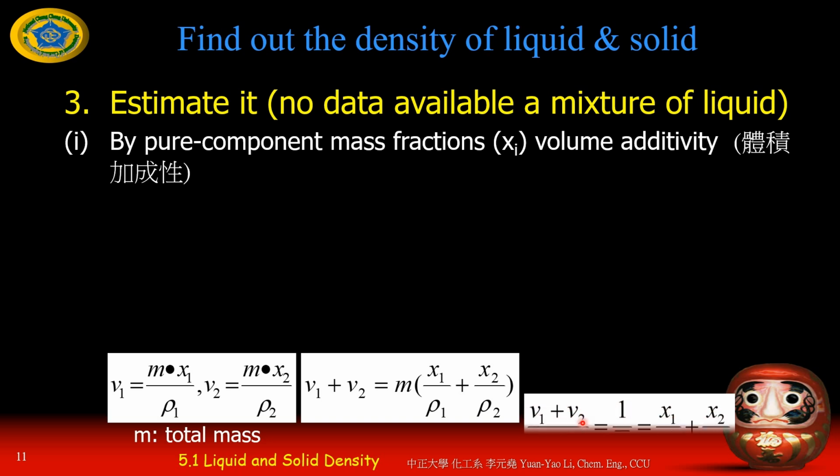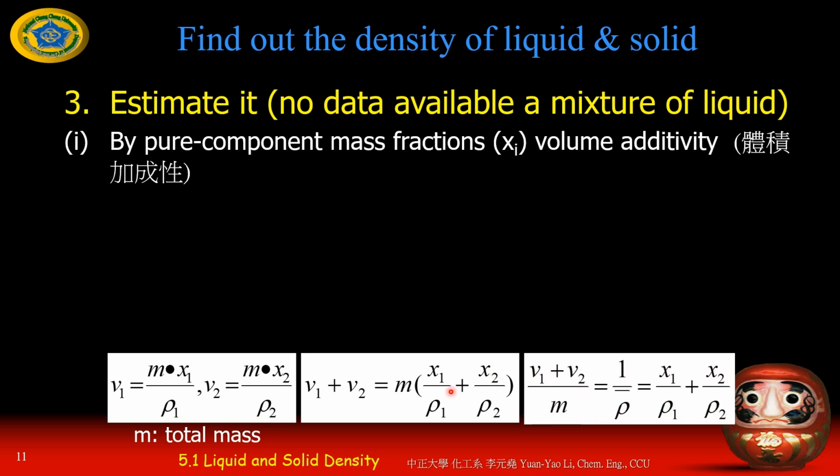So as a result, if you move the M from the right to the left, you have this equation: V1 plus V2 divided by M equals what? This is volume, right? And divided by mass. So this is rho bar. Rho bar means what?